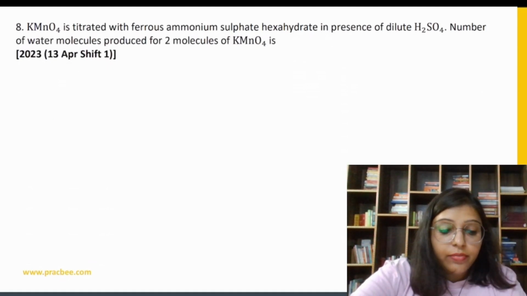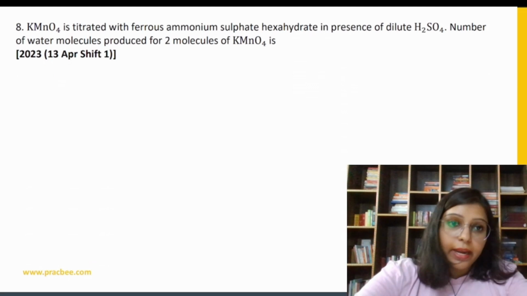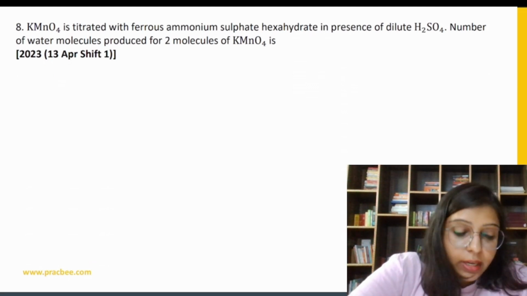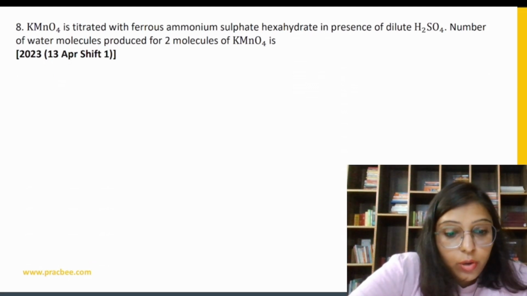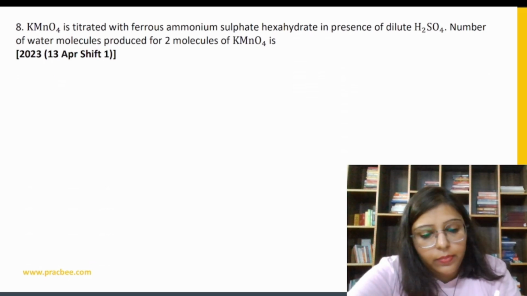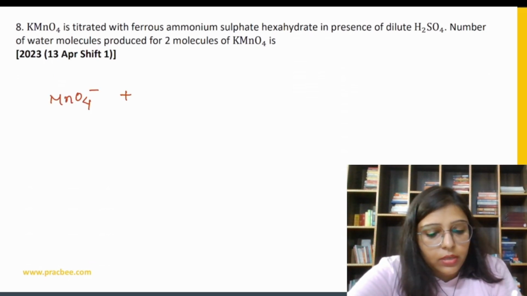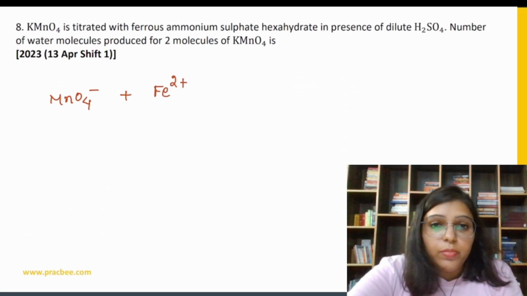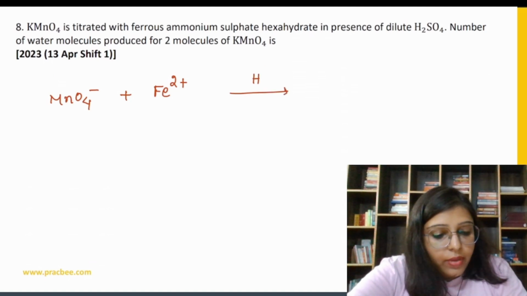KMnO4 is titrated with ferrous ammonium sulfate hexahydrate in presence of dilute H2SO4. Find the number of water molecules produced for 2 molecules of KMnO4. That's a simple balancing. See, MnO4 minus is treated with ferrous ammonium sulfate. So ferrous ammonium sulfate means Fe2 plus, in the presence of H plus.